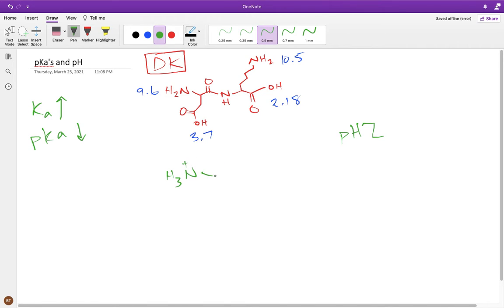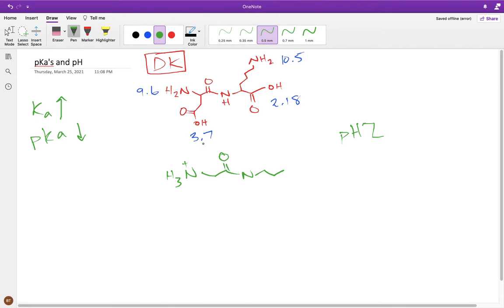This is ammonium. Let me just finish the peptide here real quick. Ammonium is tetravalent, even though it doesn't have 4 protons. That's fine. It's tetravalent. That's the main thing. And we know it's going to be positively charged because we're on the acidic side. There are more protons. It's going to exist in its acidic nature.